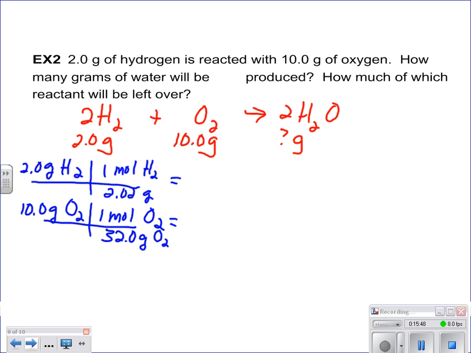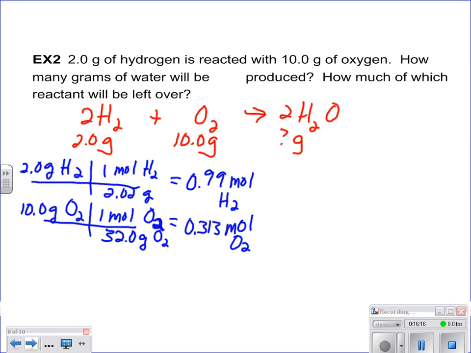Don't remember that it's diatomic and then forget what to do about that. So you have to make sure you double that mass. So we get it to this point. We can do some calculations and we get 0.99 moles for our hydrogen and 0.313 moles for oxygen.